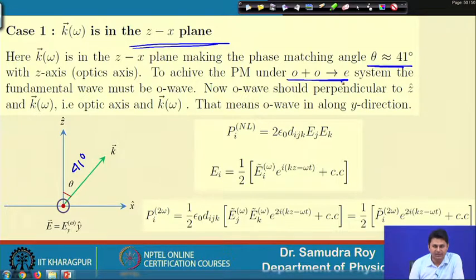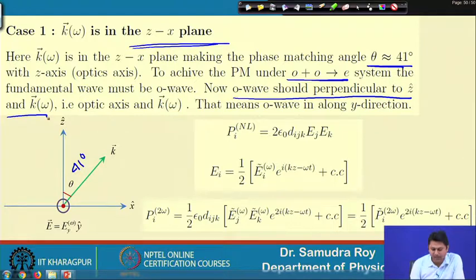That is the first thing that we should look into, what the fundamental wave should be, and this fundamental wave should be an ordinary wave, because two ordinary waves can generate an extraordinary wave. This is the O plus O equal to E system, since the crystal is negative in nature. Now the O wave should be perpendicular to the z axis and k, that is very important.